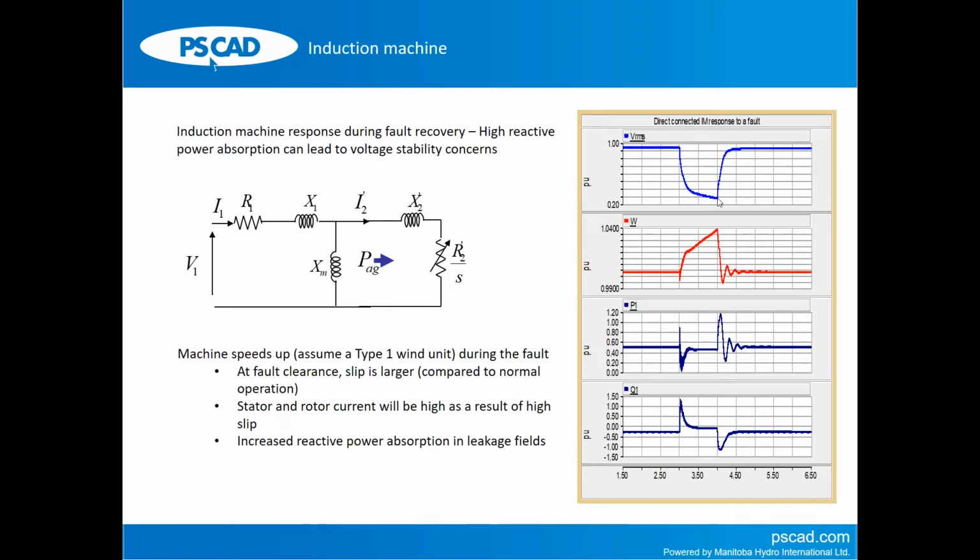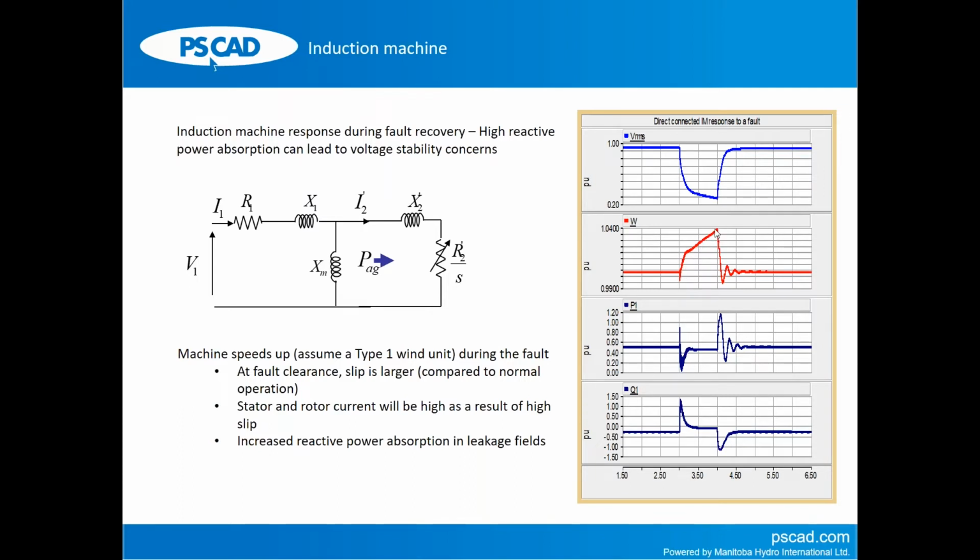When the fault is cleared, you want, as a system operator, system planner, you want these machines to come back to stable pre-fault operation as fast as possible. However, what happens is, during the fault, the machine cannot push power out, so the wind turbine is still pushing in mechanical power. So the machine speed will increase, the machine will accelerate. During the fault period, the machine will accelerate.